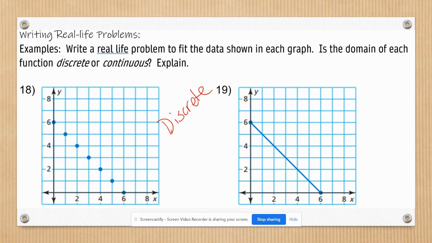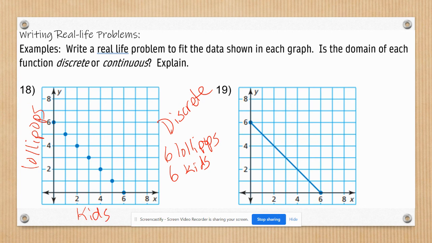So maybe we have 6 lollipops and there are 6 kids. So you're going to give a kid a lollipop. You can't give them a part of a lollipop. You either give them the lollipop or you don't.